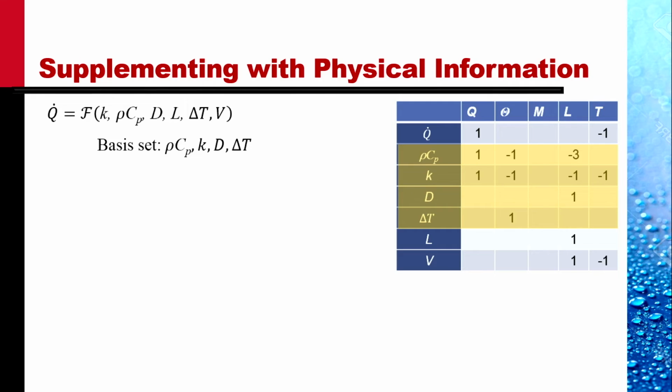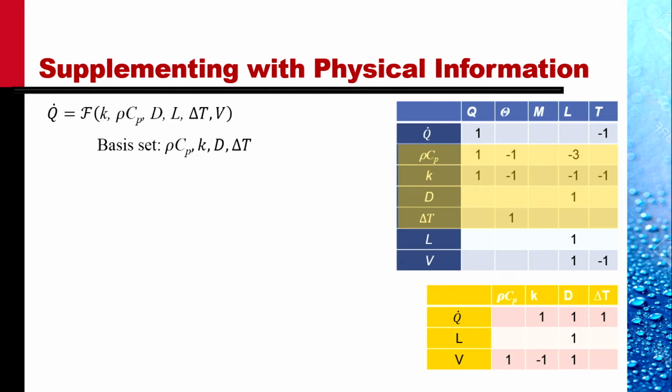There are 3 other quantities left, 1 dependent and 2 independent, Q dot, L and V. So it will result in 3 pi's. We express the dimensions of Q dot, L and V in terms of the basic set. And this is what we get.